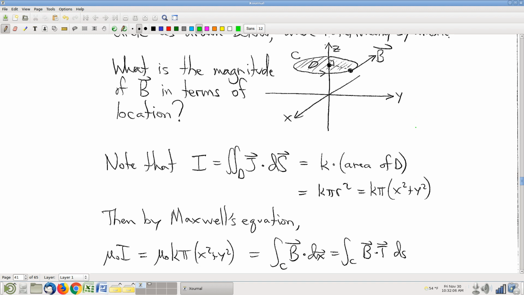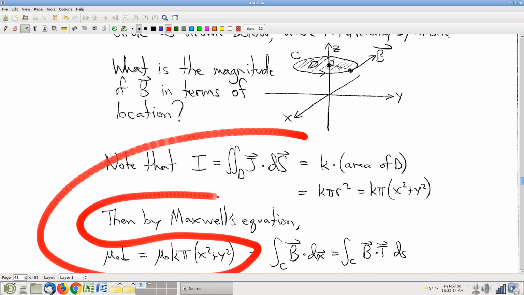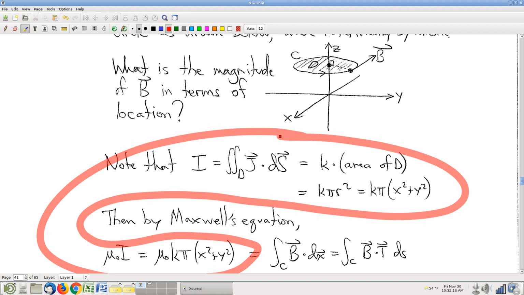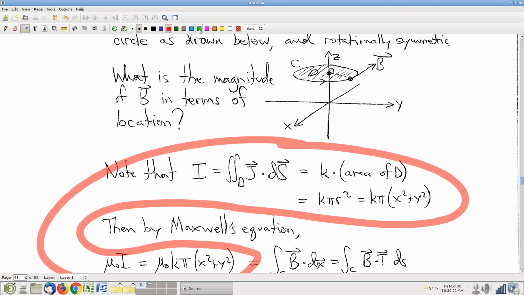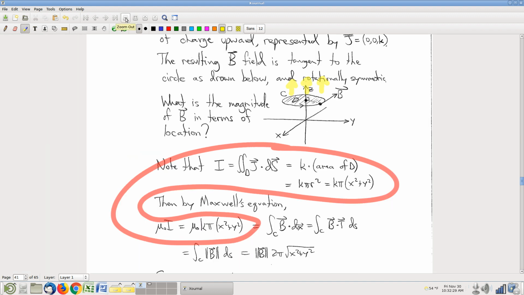The first thing I'm going to do is observe that we can compute the flux pretty straightforwardly. So let me first circle. All of this is just a direct brute force computation of flux. Keep in mind, we've got our vector field. I'm going to have to zoom out. Our vector field there, 0, 0, k, upward, has magnitude k.